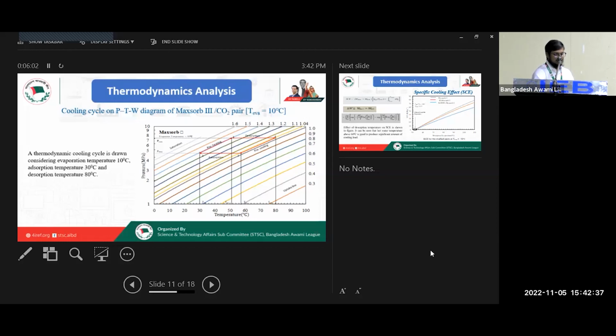In this study, the modified DA equation is used to plot the P-T-W diagram. A thermodynamic cooling cycle is done considering an evaporation temperature of 10 degrees Celsius, adsorption temperature of 30 degrees Celsius, and desorption temperature of 80 degrees Celsius.